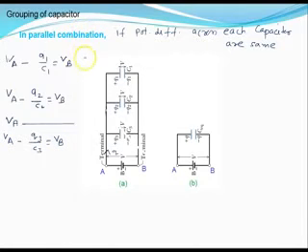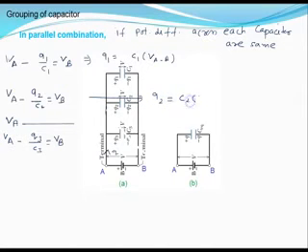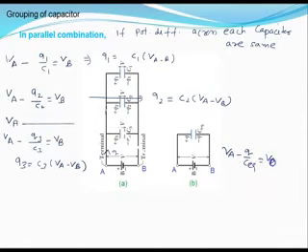Now here I say Q1 is equal to C1 times VA minus VB. The second equation gives me Q2 equal to C2 times VA minus VB, and the third equation gives me Q3 equal to C3 times VA minus VB. Is it okay? And this is the equivalent circuit. Here I write the equation VA minus Q upon C equivalent equal to VB.